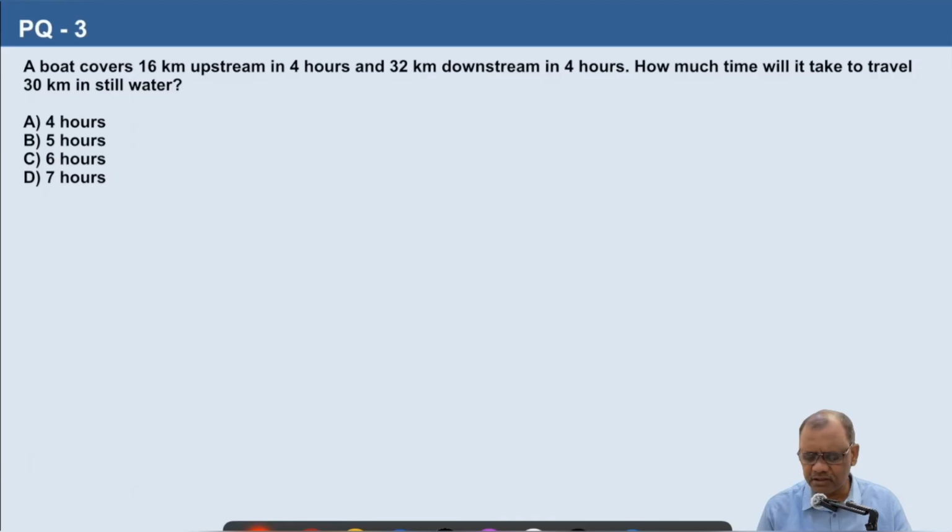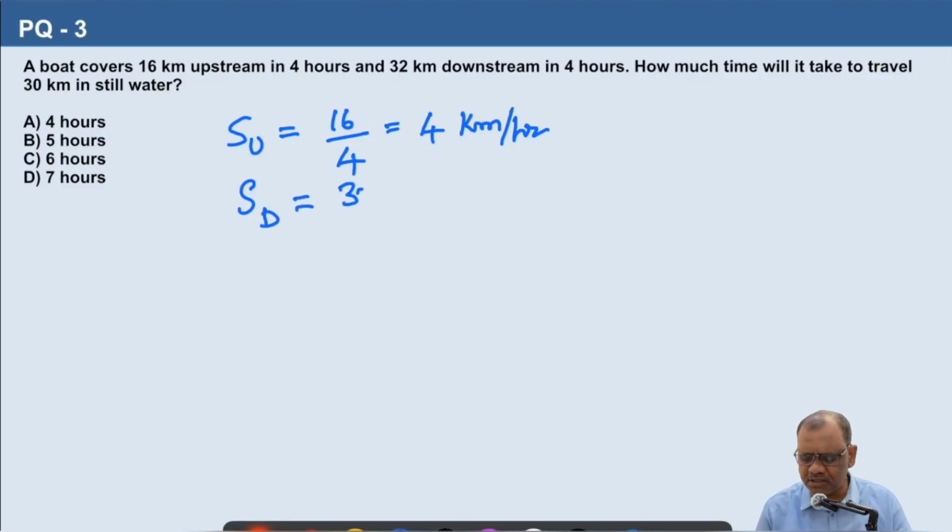Speed in upstream is 16 kilometers divided by 4 hours, distance by time. So that is 4 kilometers per hour. This is the upstream speed. Similarly, downstream speed is 32 kilometers in 4 hours, so that is 8 kilometers per hour.